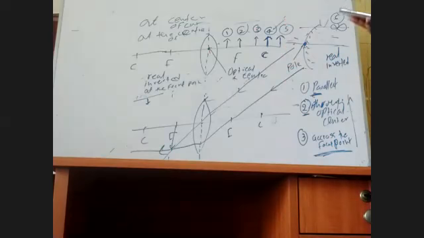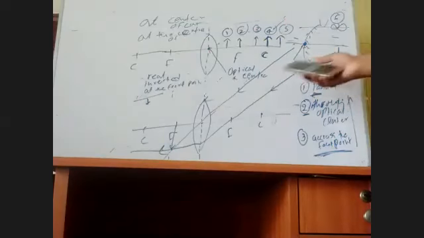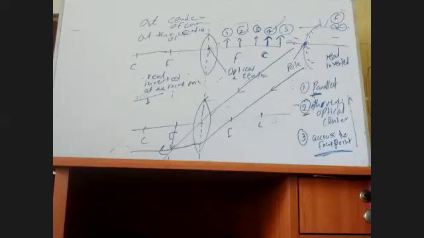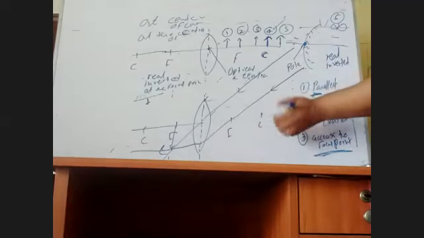That means the object is at a very, very far away point. We can even draw the ray diagram like this, and the simplest way to draw is keeping the object.